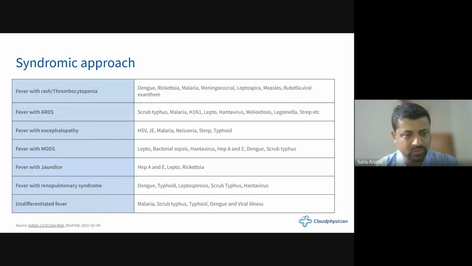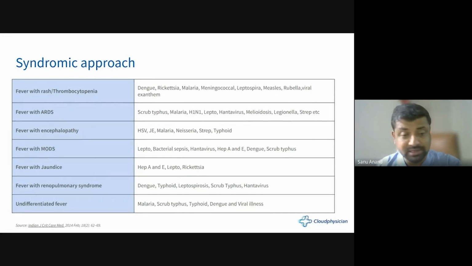Then you have H1N1, leptospirosis, and hantavirus is another very important emerging infection. It's not that common, but has been reported primarily in South Indian states. Vellore had a few cases, and there are some cases in Odisha and a few other states in the east as well that did report hantavirus.